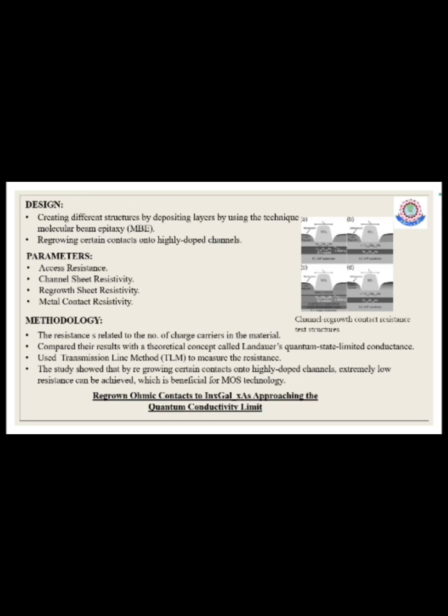So these are the parameters for increasing the transconductance of the MOSFET: access resistance, channel sheet resistivity, regrown sheet resistivity, and metal contact resistivity. The access resistance shows how much electrons have to overcome to flow from the source to the drain in the components.